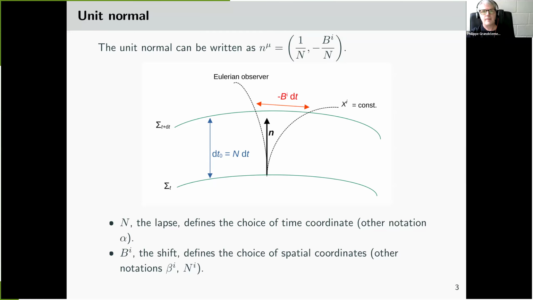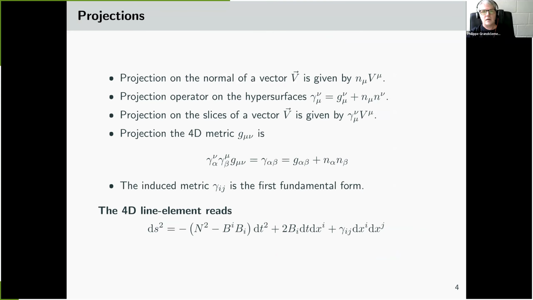Okay, so now that you have that, you can project each index either along the normal, which is given by taking the scalar product of, for instance, a vector with the normal. But you can also define the projection on the hypersurfaces themselves by using this projection operator gamma, contracting it with your vector.